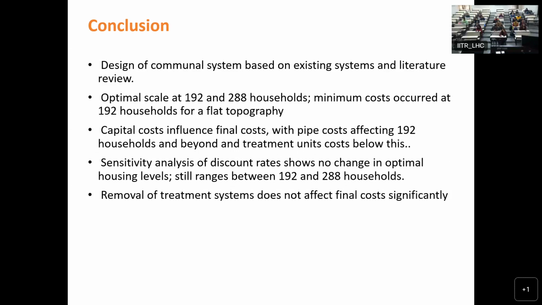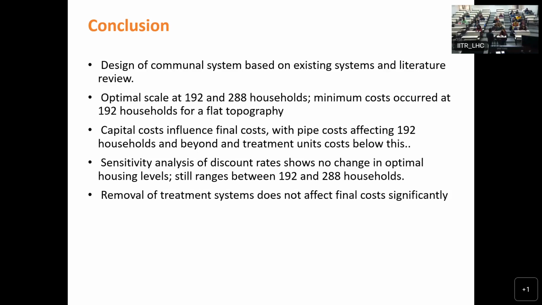Capital cost influences the final cost, with pipe costs dominating at 192 homes and beyond, and treatment unit costs dominating below that. There are two components: the cost of the pipe and the cost of the treatment units.